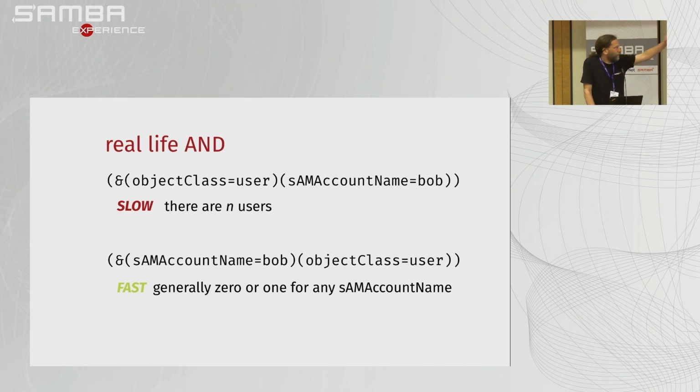So if you do the first way, that's slow, because it just finds the first index and then it will filter through all of those and look for the Bob. If you do it the other way around, it'll find Bob or not. If there's no Bob, it will just return an empty set. If it finds Bob, then it will check if Bob is the user, which is probably the case if there's a SAM account name. I don't know everything.